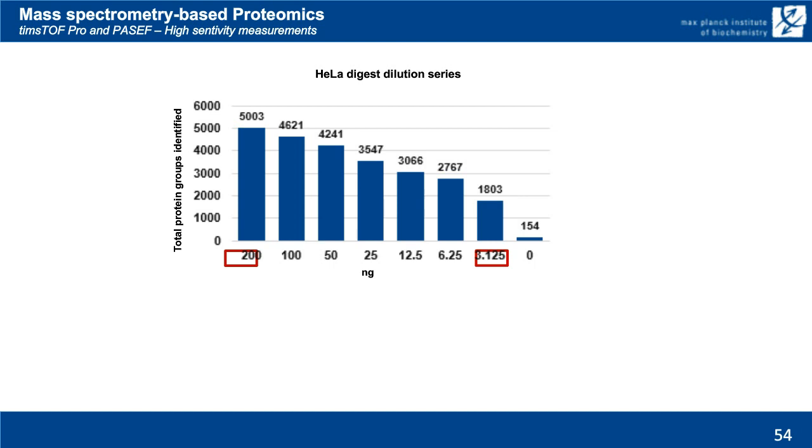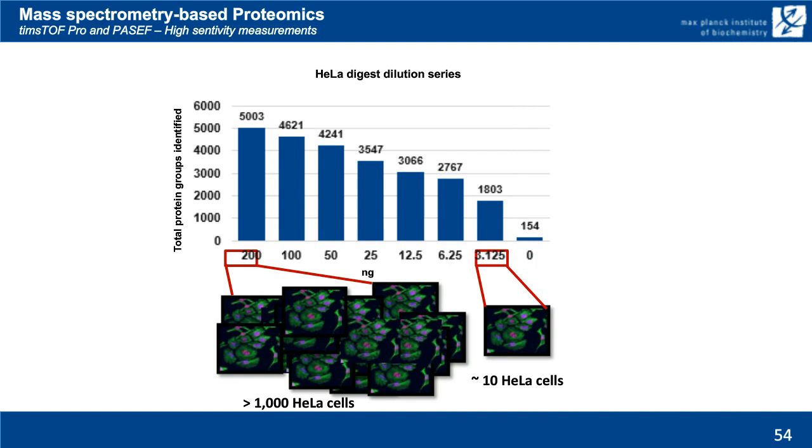And astonishingly, we still were able to identify more than 1,800 protein groups from only 3.125 nanograms, which converts to about 10 HeLa cells. So this means that in theory, this machine seems to be set to go into really low sample amounts, into the analysis of really low cell populations, and maybe also into single-cell proteomics.